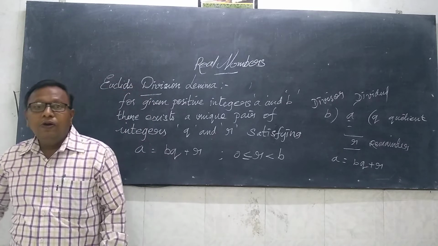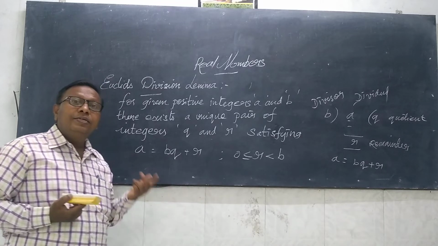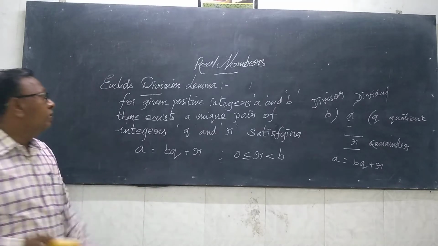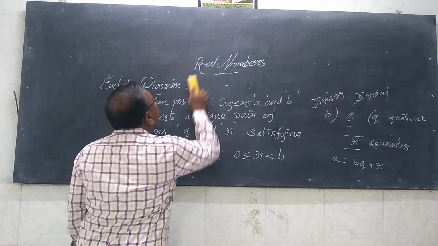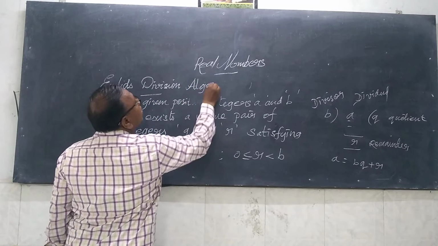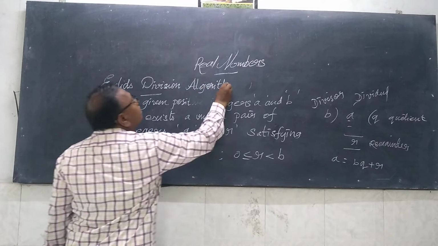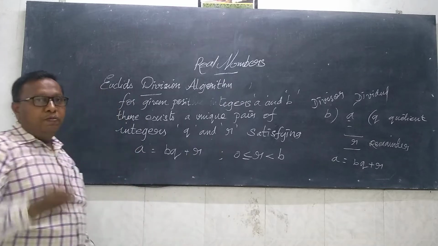Now we are trying to learn what is Euclid's division algorithm. Algorithm means a step-by-step procedure.